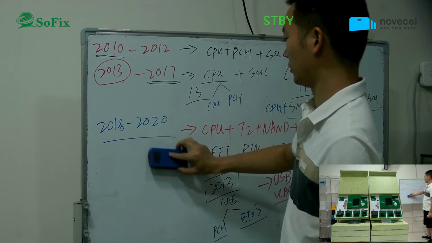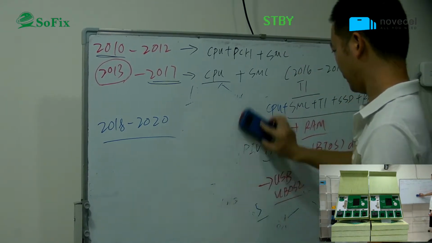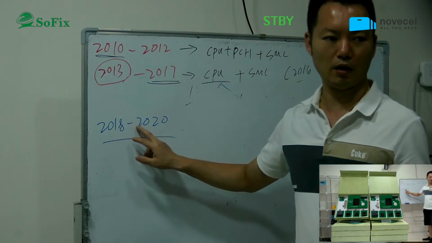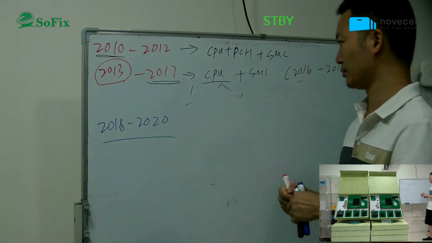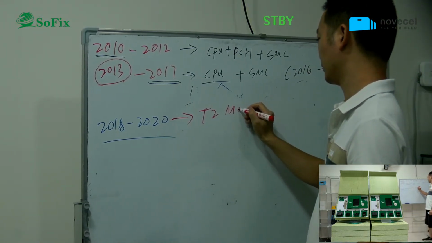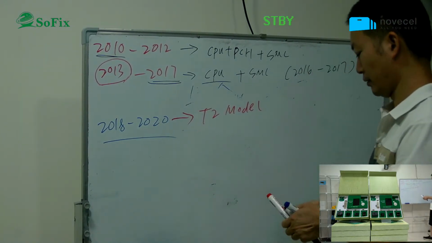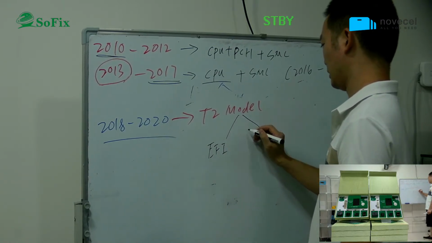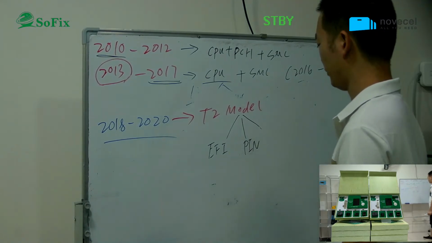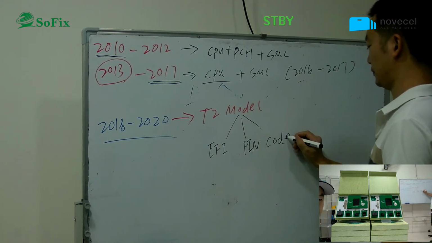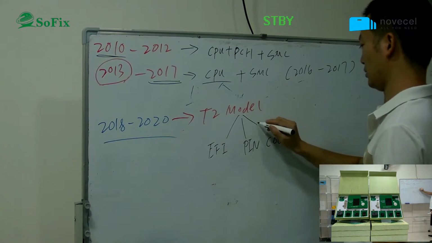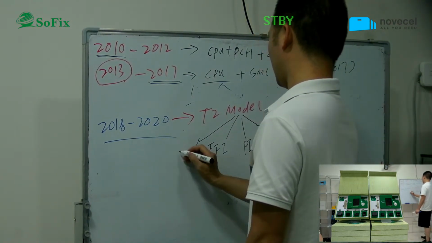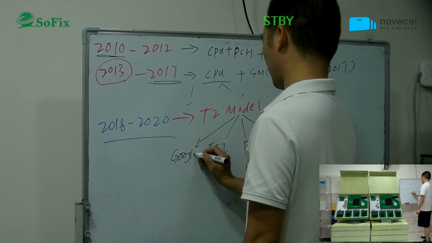So now I talk about the T2 model, 2018 to 2020. This one also has the EFI pin code lock and MDM, and also the Google lock.